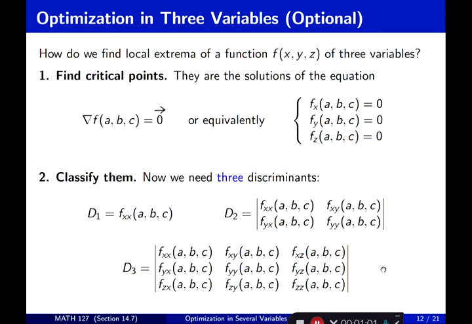To classify them, this is a little bit different from functions of two variables because you will have three discriminants. The first discriminant, D1, is just f sub xx of (a, b, c). Then D2 is going to be the determinant of f sub xx, f sub xy, f sub yx, and f sub yy, all at (a, b, c).